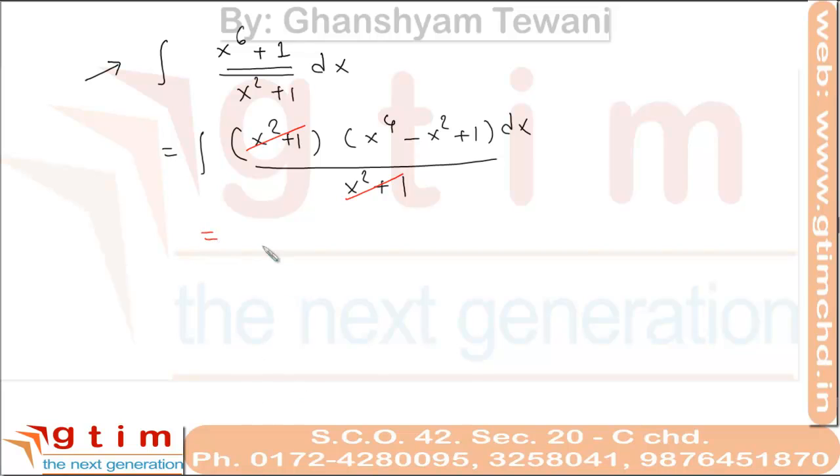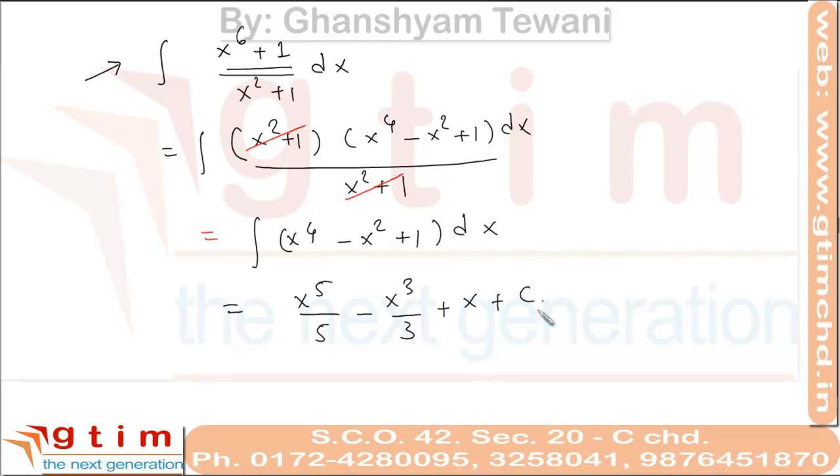We are left with x power 4 minus x square plus 1. And integration of this is x power 5 upon 5 minus x cube upon 3 plus x plus c.